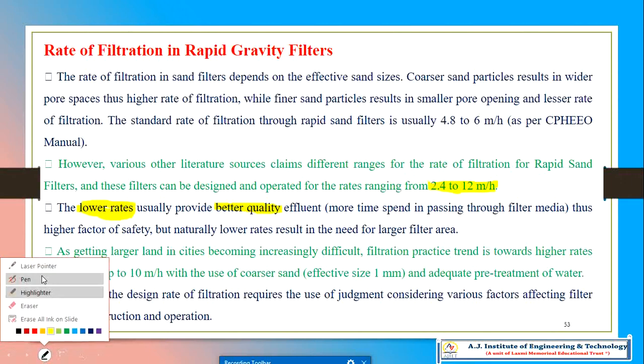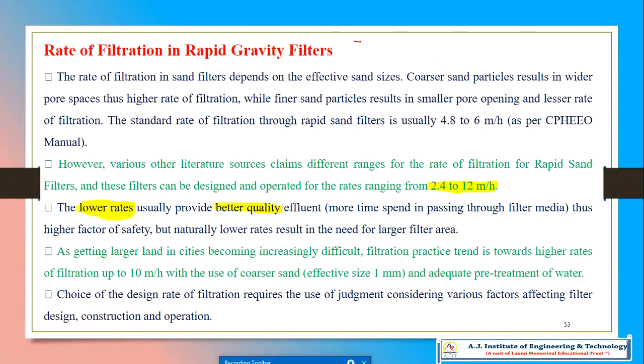For example, if the pore size is very small, then the rate of filtration will be less, but the quality of the water will be good after passing through the bed, because as the pore size is less, the quality of the water will be good. If the pore size is more, then the rate of filtration will be high and the quality of the water will be less.